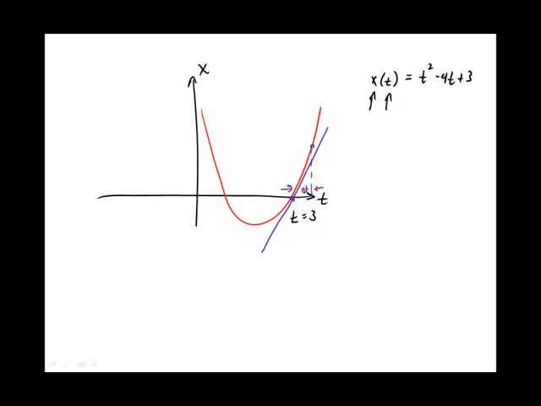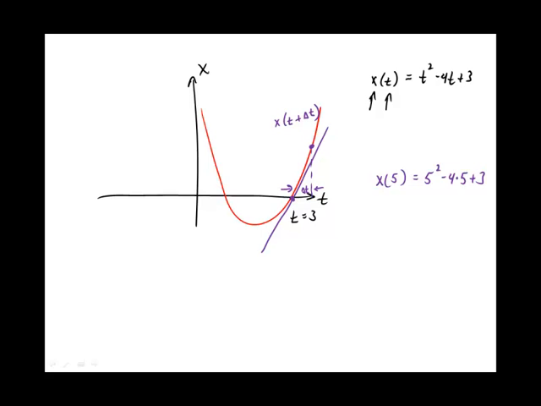So what is this position right there? Well, the position is x of t plus a later time delta t. Well, if I said what's x of 5, you would say that's 5 squared minus 4 times 5 plus 3. That is, you put 5 in wherever you saw a t.